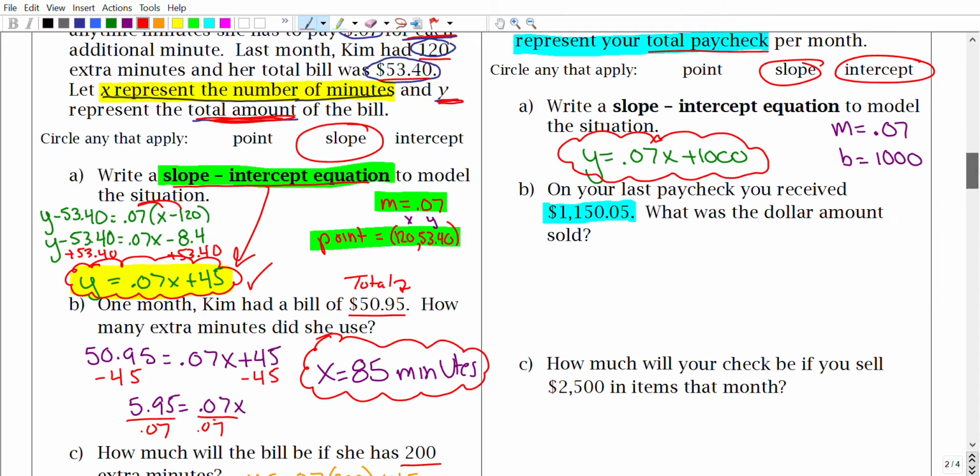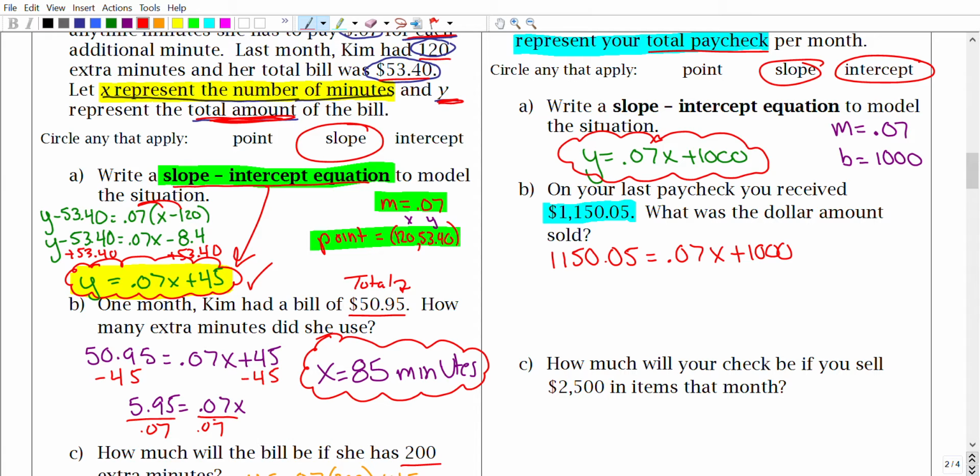Okay, so what I'm going to do is I'm going to substitute that number into my Y from my slope-intercept form. So I get 1,150.05 equals 0.07x plus 1,000. Okay, so now it just becomes a matter of solving for x. So let's go ahead and do that.